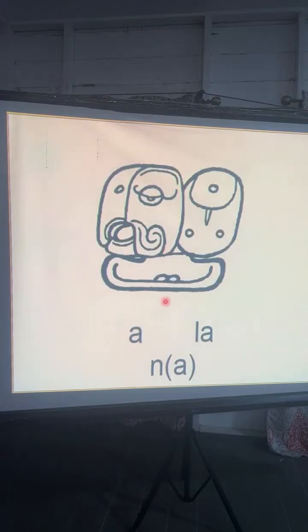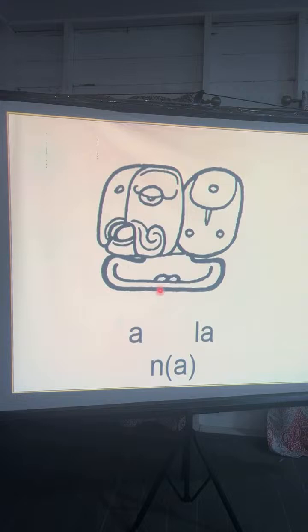Like the na, this na is very common. Probably one of the favorite glyphs for the sound na that we're finding, and it's always used as a phonetic complement. So that is really cool, that you can go to sites now and look at the hieroglyph and say, I recognize this one.